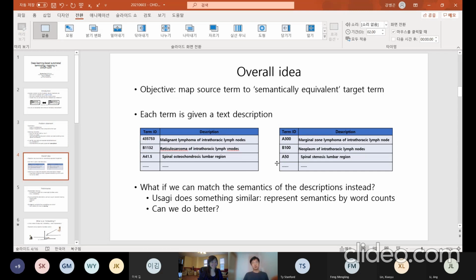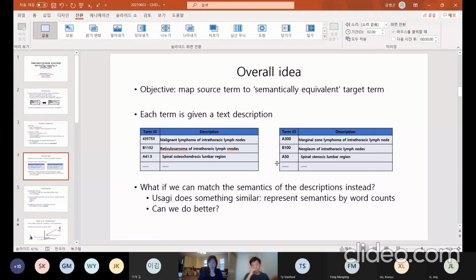And it turns out that this approach is not completely novel, because apparently Usagi does something pretty similar. We don't know the exact algorithm of Usagi, but the overall idea is to perform some kind of word count or word statistics-based semantic matching. More specifically, it'd be term frequency and inverse document frequency-based matching, if I remember correctly.